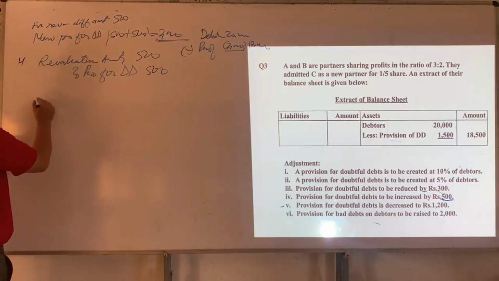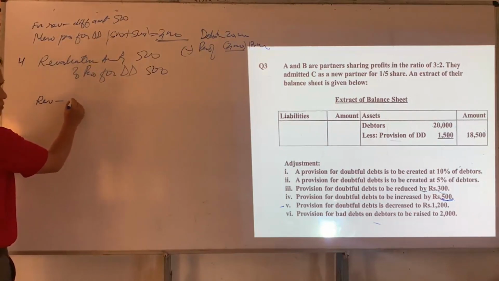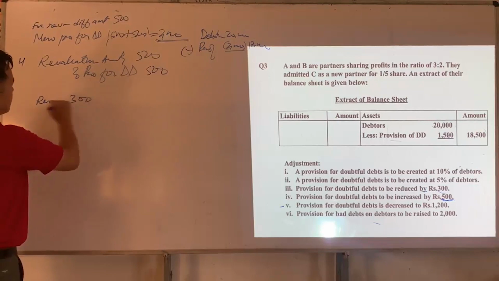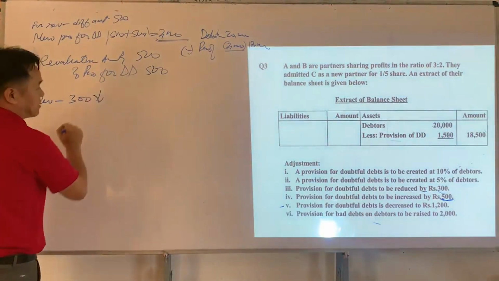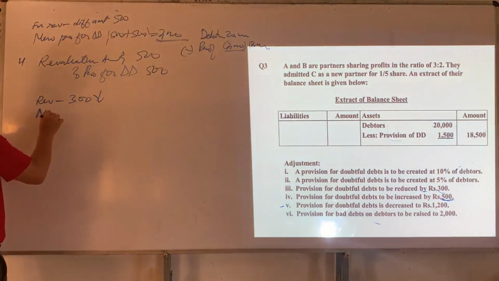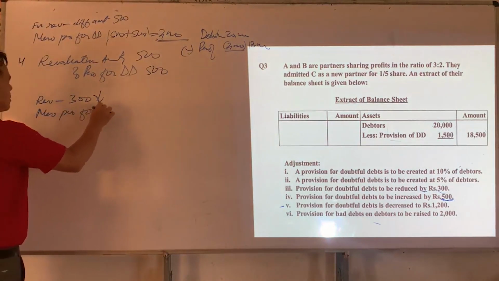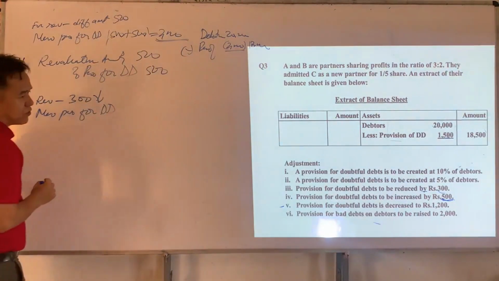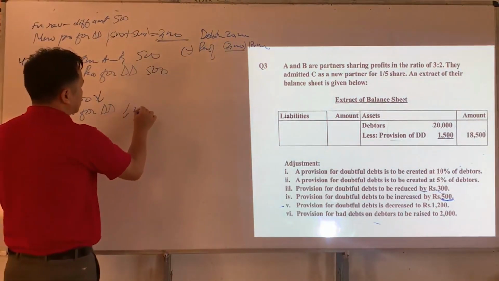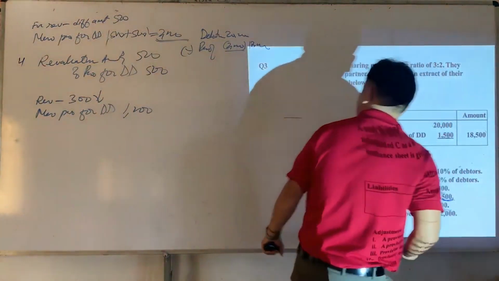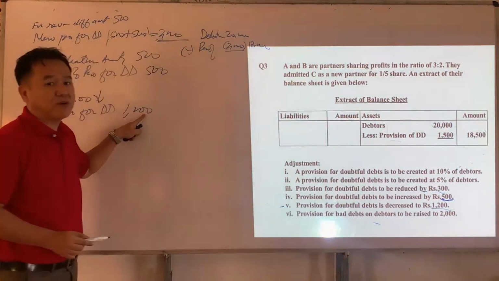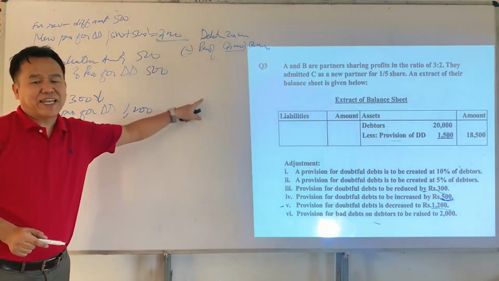Now for revaluation, we need to take the difference amount, and it is decreased by rupees 300. So what is the new provision for doubtful debts? The new provision will be 1,200 itself. This amount should be deducted from the debtor in order to get net debtor.